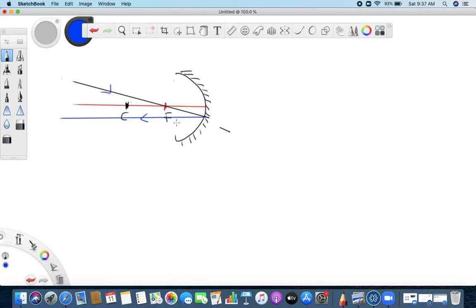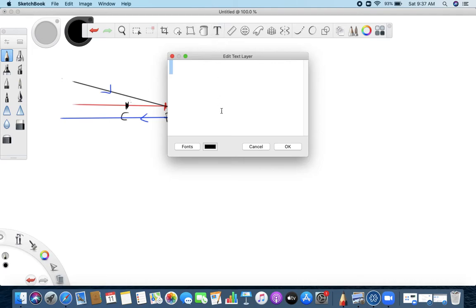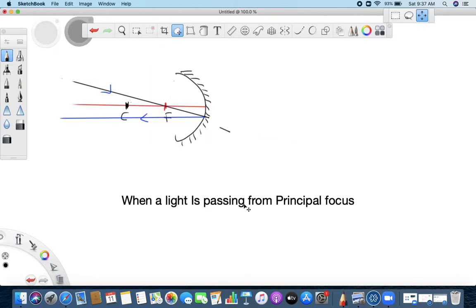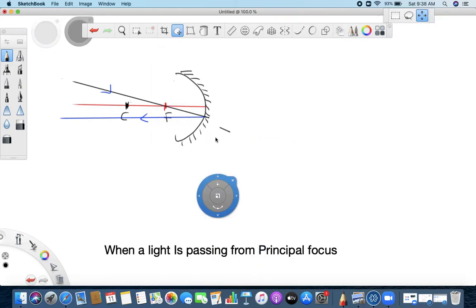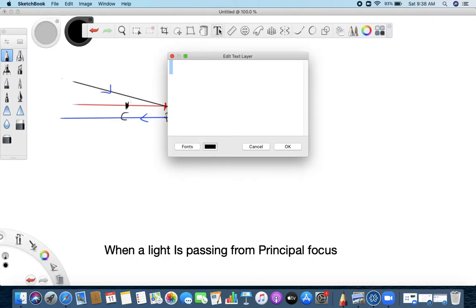So what is the second rule? When a light is passing from principal focus, what happens after reflection?